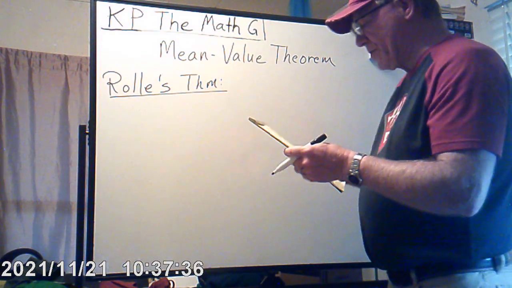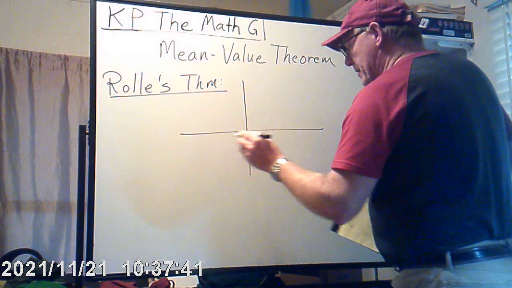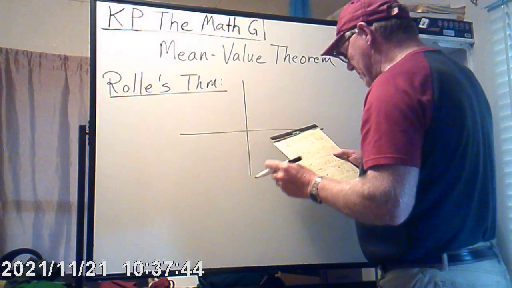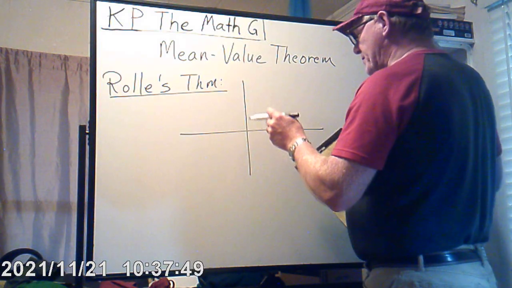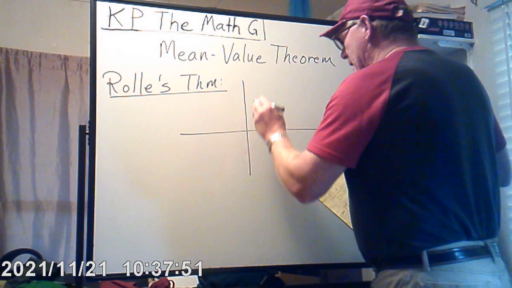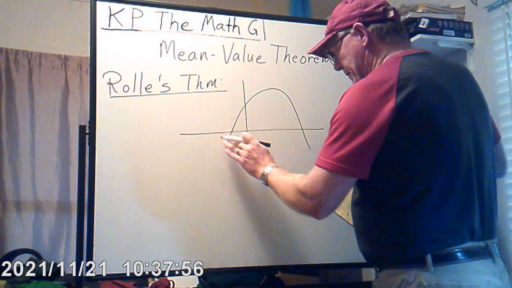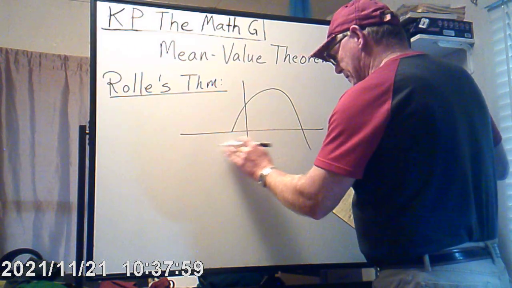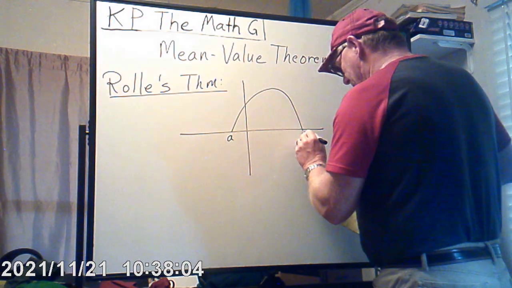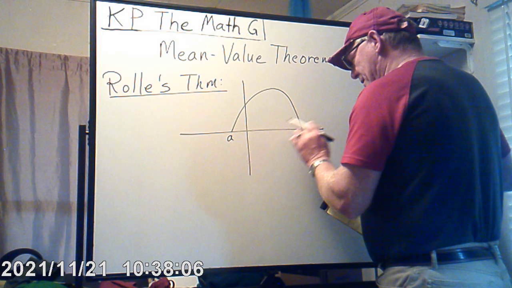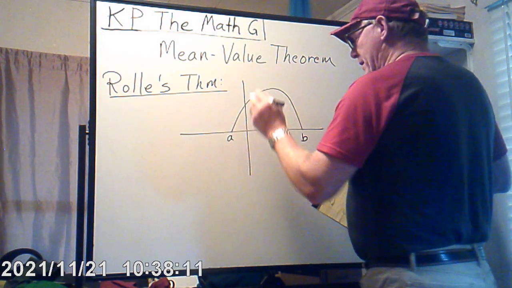Rolle's theorem has to do primarily with, let me just say, where you have something like this. Here is A and here is B, and of course the slope here is the same here.